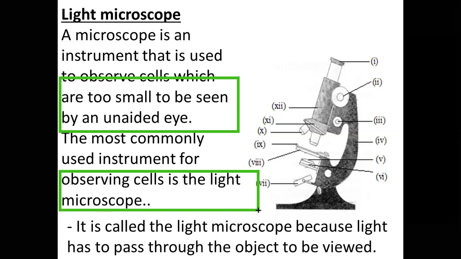You cannot operate a light microscope unless, number one, light is passing through the lens, through the diaphragm, then through the condenser, then through the stage, then through the objective lens and the eyepiece lens. Unless the microscope is set in a way that light can enter.